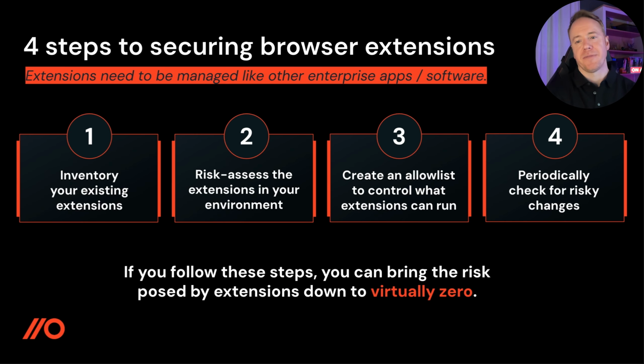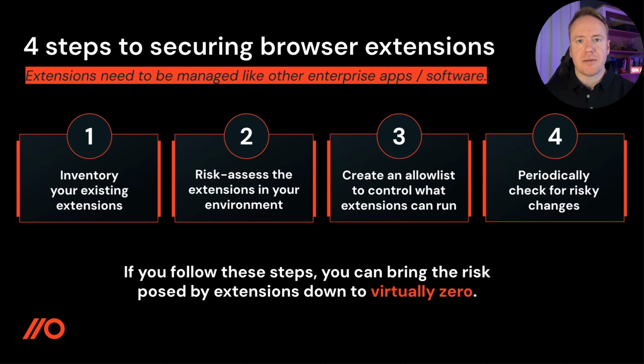That's not always possible. So let's talk instead about a more practical approach to getting your arms around this problem, starting with getting visibility. Providing the telemetry that we provide in the browser across your user base is very powerful in terms of getting access to what users are doing, what existing extensions are out there in your environment, permissions they have, number of deployments, method of deployment, and a lot of other contextual details that are very important.